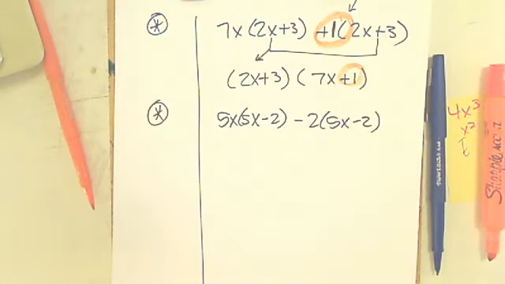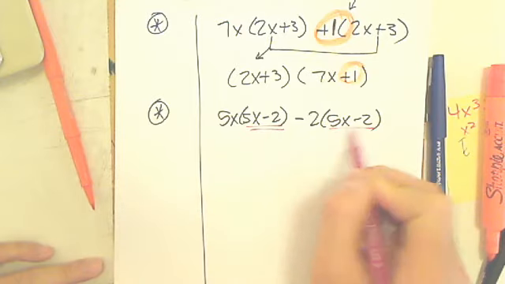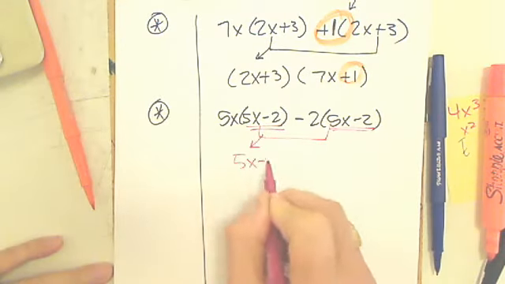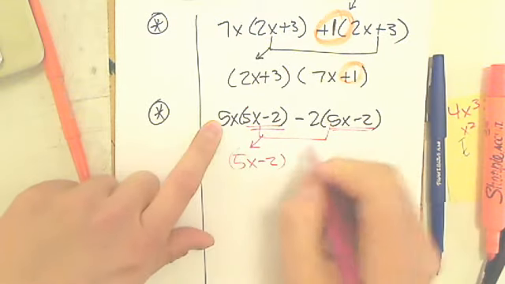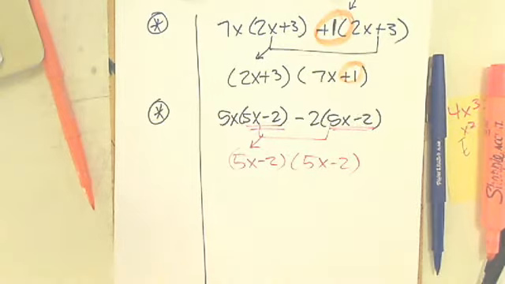Now, this one looks kind of tricky at first, but it's not. These are the same parentheses. Take those out. 5x minus 2, right? And then your leftovers, 5x minus 6. Yeah, that's okay. But you could put 5x minus 1 squared.